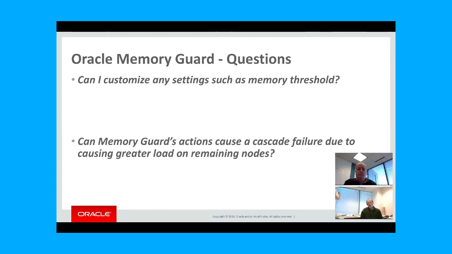Yeah, granted. Definitely there's opportunity to link these two together and provide that kind of support into Memory Guard.